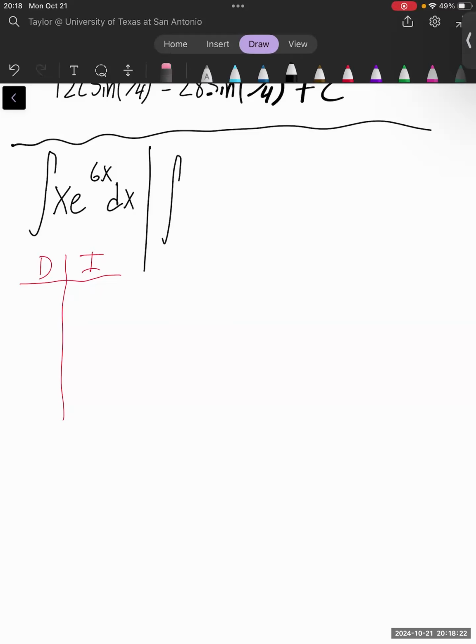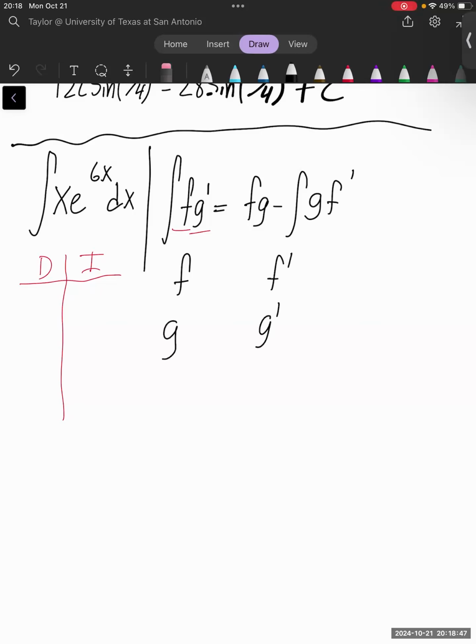It's the integral of f g prime equals fg minus the integral of g f prime. And so the easiest way to determine which one is my f and which one is my g, if I make my little chart here, f prime, g prime, is which one's the easiest to integrate.